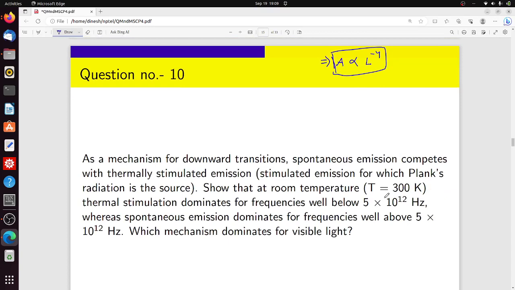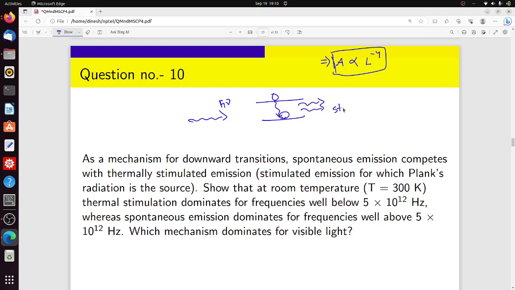Coming to the next question. Is a mechanism for downward transition. Spontaneous emission competes with thermally stimulated emission, stimulated emission for which Planck's radiation is the source. That means some external photon will come with energy h nu, and it will stimulate the excited particle to emit another photon to go to the ground state.